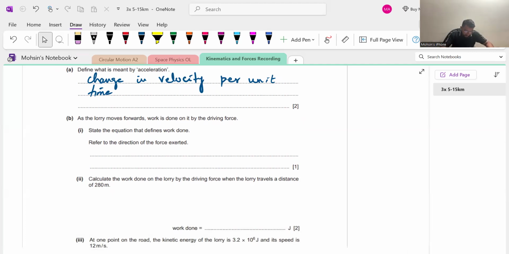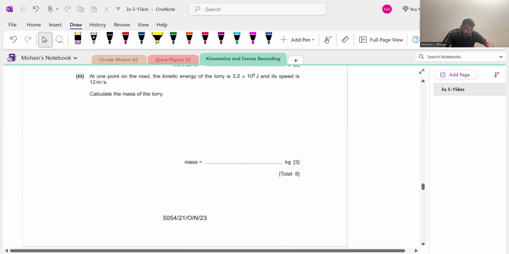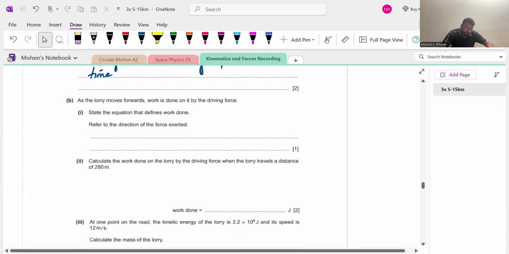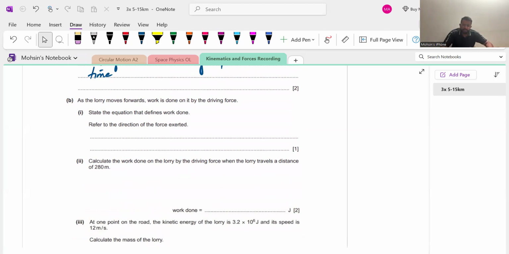As the lorry moves forwards, work is done on it by the driving force. So this part onwards is from the topic of work done, mixed here with the dynamics. So we are doing it right now. State the equation that defines work done. Refer to the direction of force exerted.